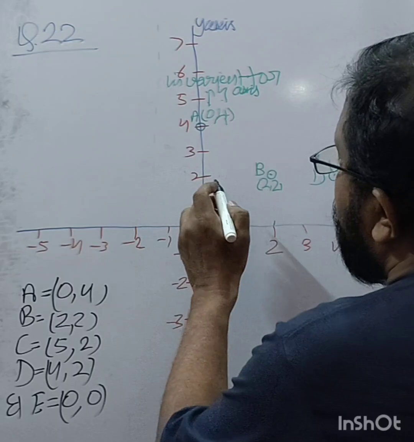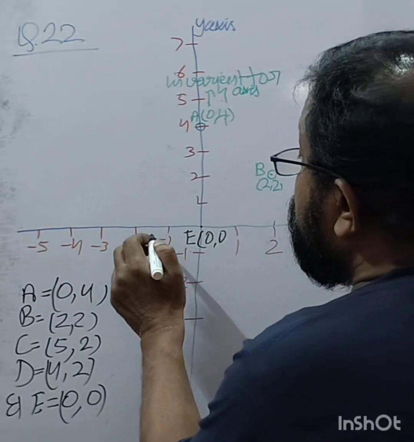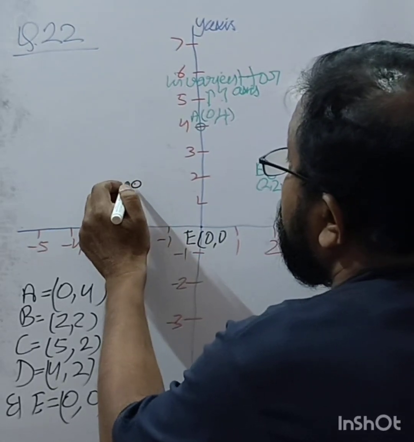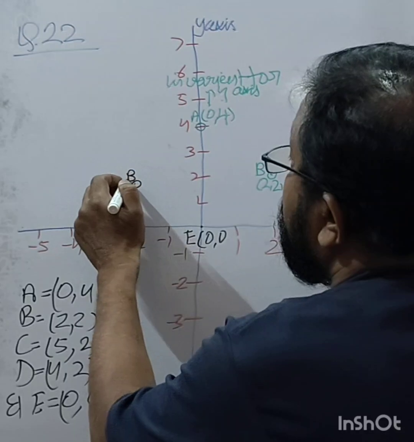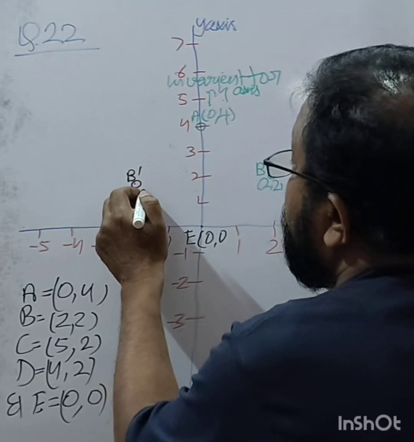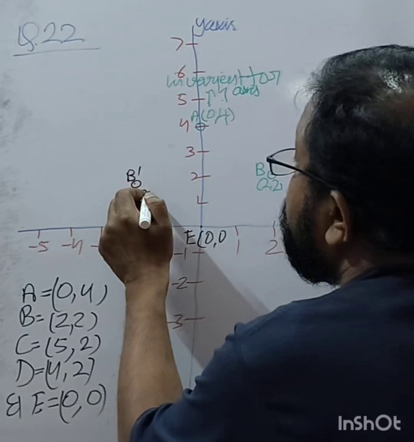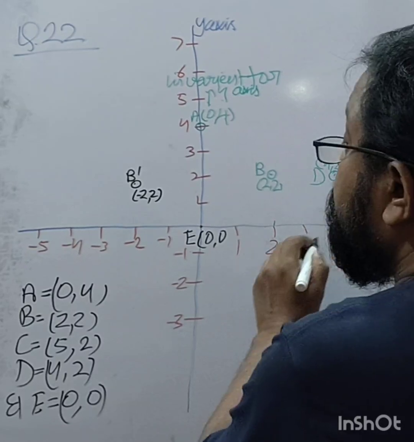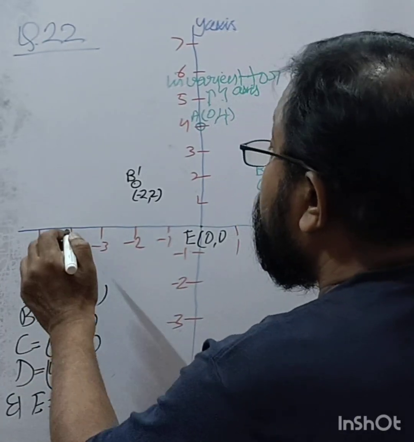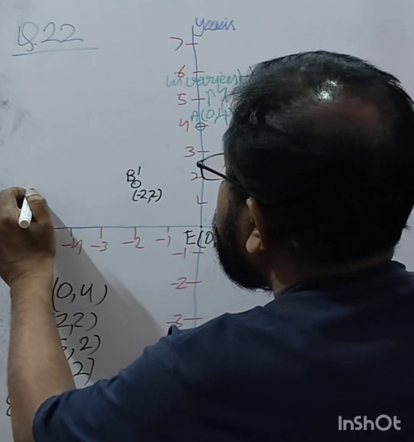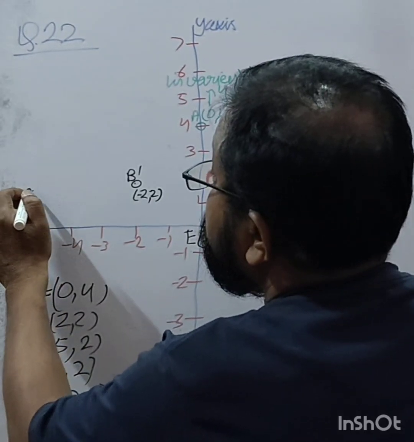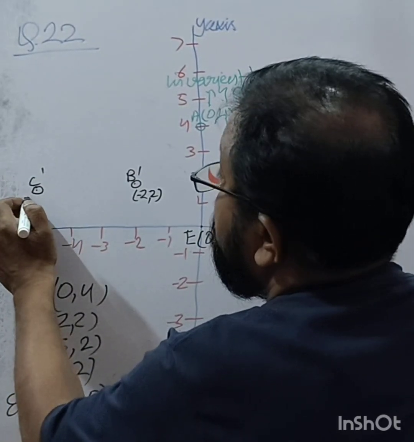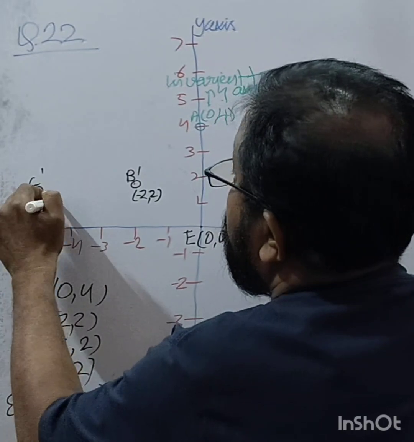So this is minus 2 comma 2. This is B dash, minus 2 comma 2. Then C dash is minus 5 comma 2.